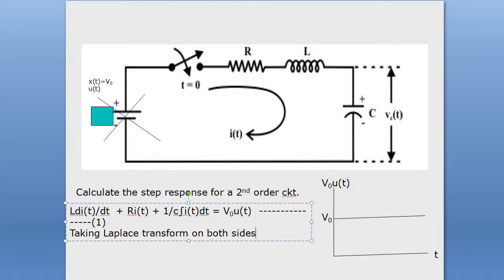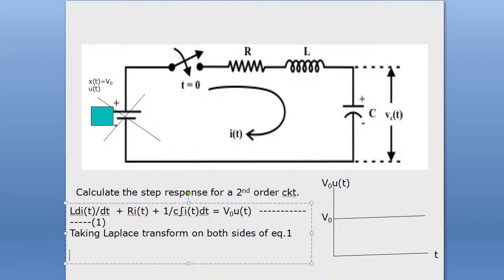Now you write yourself. So you know L di dt, L I of s, initial value is 0, R I of s, and 1 by C integral of I of t dt equal to, you tell me. This will be I of s by s.